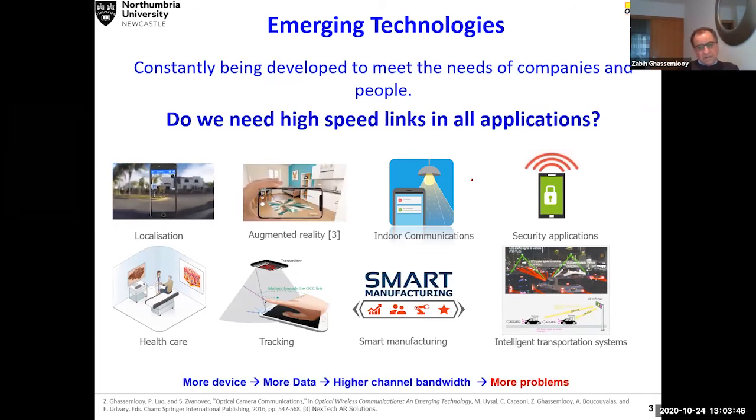So if we summarize, more devices mean more data. More data means we must have an adequate channel in order to shift this data from A to B at a global level. And that is where the problem starts. So therefore, we can see the reasoning why one could do research in this sort of area to address this problem of bandwidth.